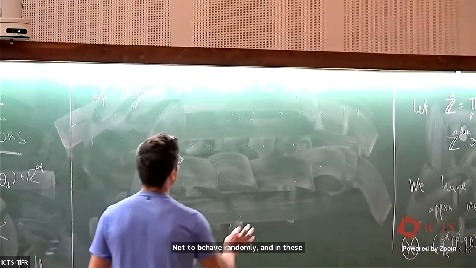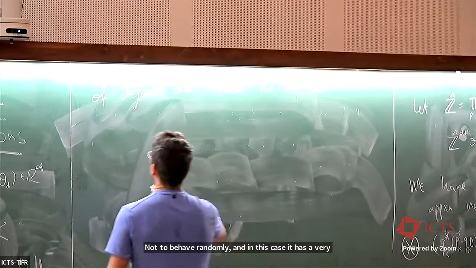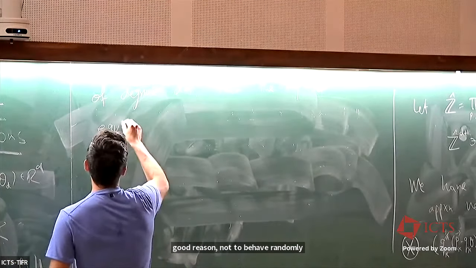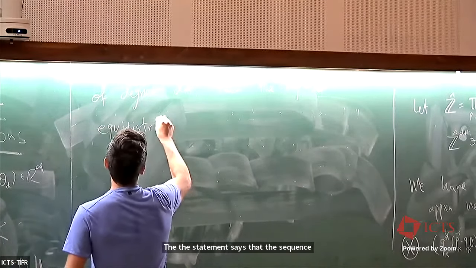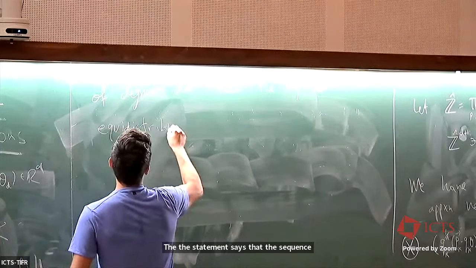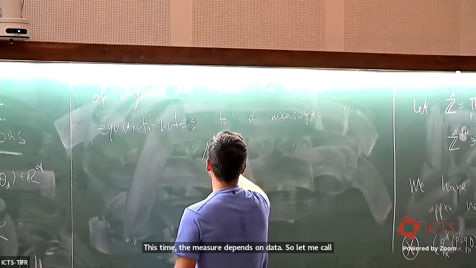So the statement says that the sequence equidistributes to a measure. This time the measure depends on theta. So let me call it mu_best, but with the parameter theta.